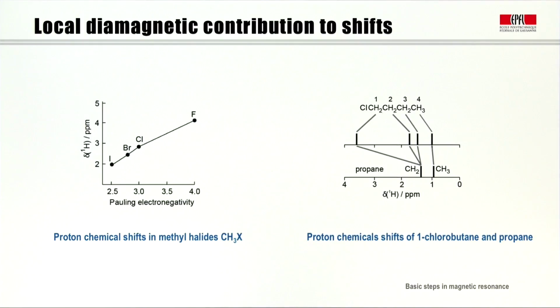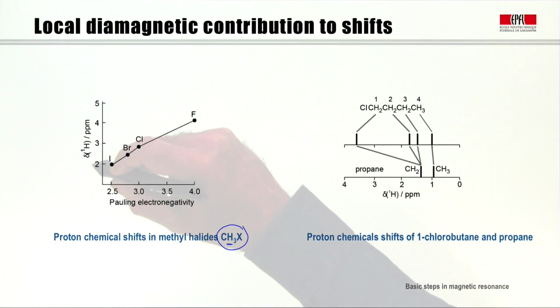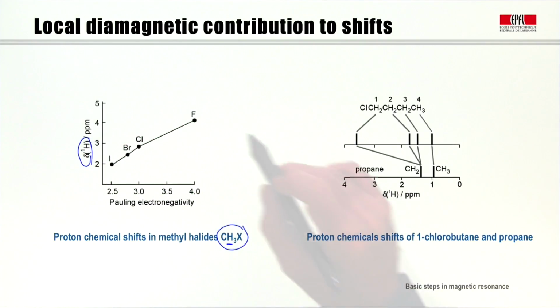So here we have Pauling's electronegativity. We all know that there is a series from iodine to bromine to chlorine to fluorine where the electronegativity increases, that is to say, the electron withdrawing ability. And it turns out that if we take methyl halides, CH3X, where X is one of the above, then the chemical shift of the protons of the methyl group follows a particular trend, which is roughly linear with the Pauling definition of electronegativity.